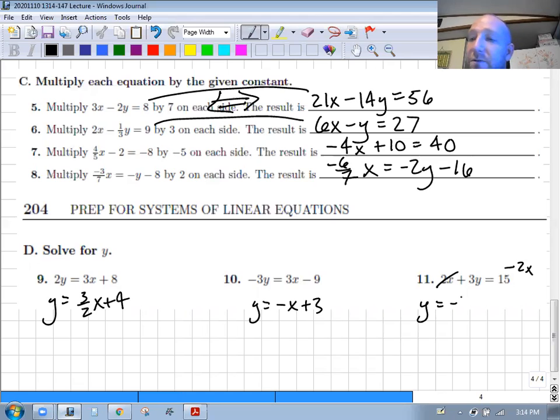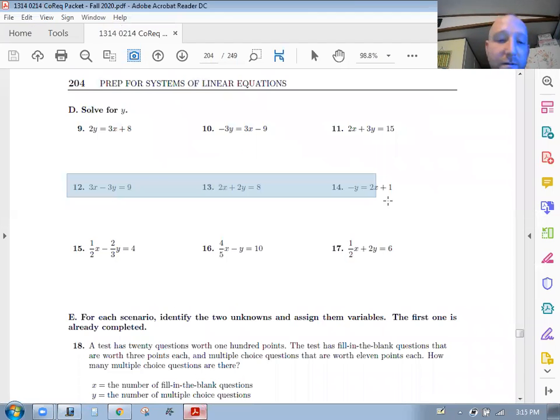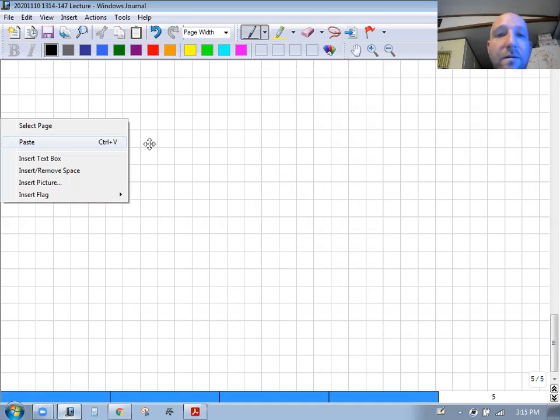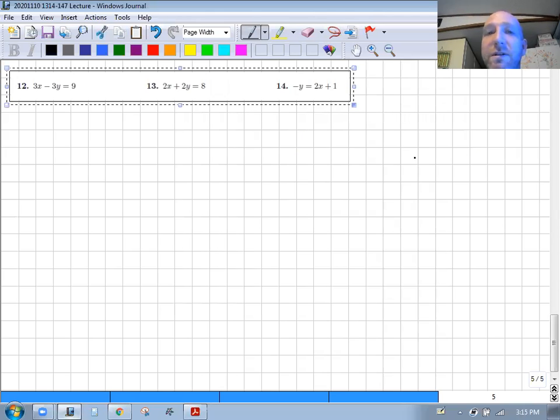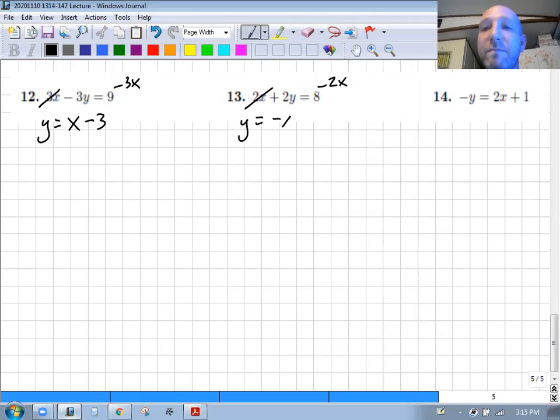We get -2/3 x plus 5. Basically, you're putting these things in slope-intercept form. Subtract 3x from both sides. Divide both sides by -3. Subtract 2x from both sides. Divide both sides by 2. Multiply through by -1.